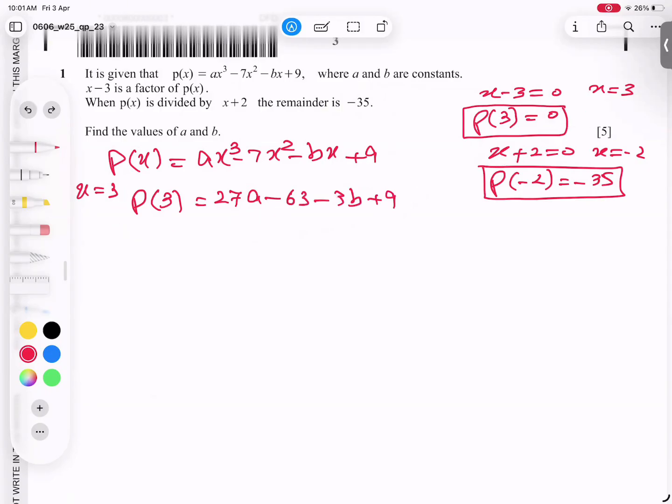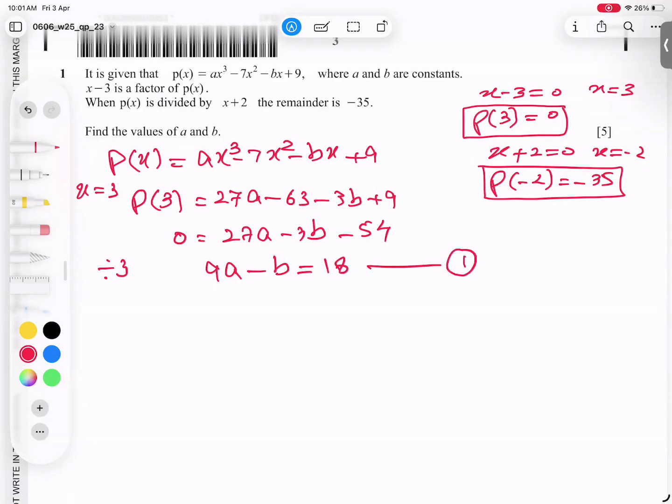So when I replace it by 0, 27a minus 3b, and 63 becomes 54, so I get a -54. Dividing by 3 makes the question easier. 3 nines are 27, 3 ones are 3, and 54 divided by 3 is 18. So I got equation number 1. This is not a compulsory part if you divide by 3.